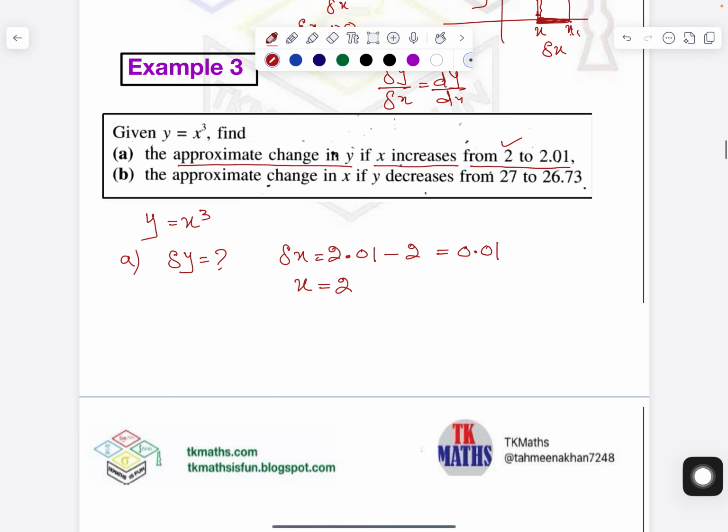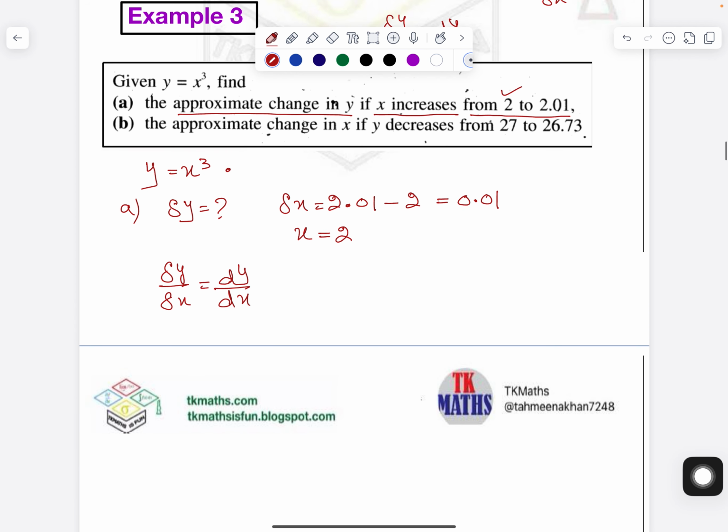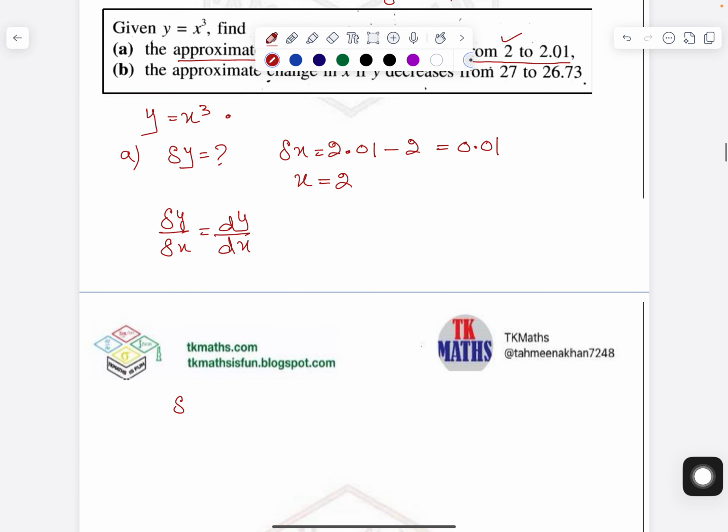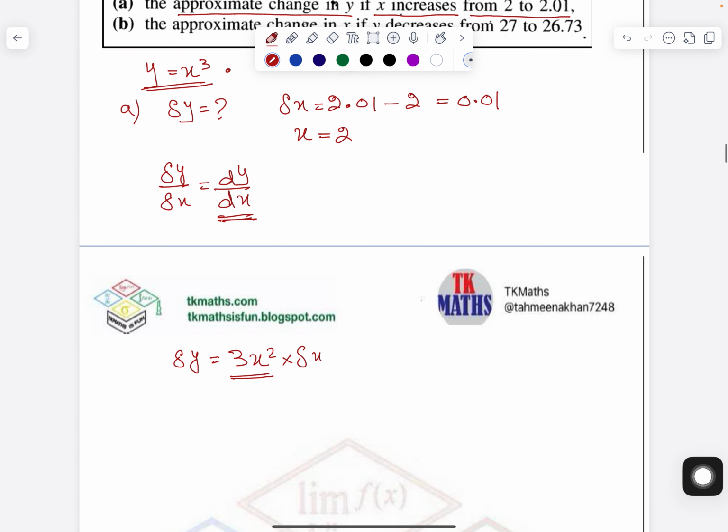So now if I see the formula, delta y over delta x is equal to dy over dx. Now dy over dx is easy to find out. You just need to differentiate this equation, right? So it will become what? Delta y is equal to 3x squared into delta x. So I have differentiated the function y with respect to x from this equation, and now I can substitute the values.